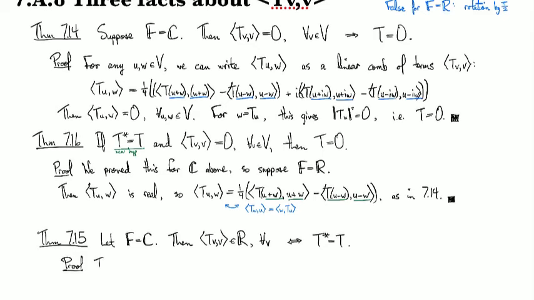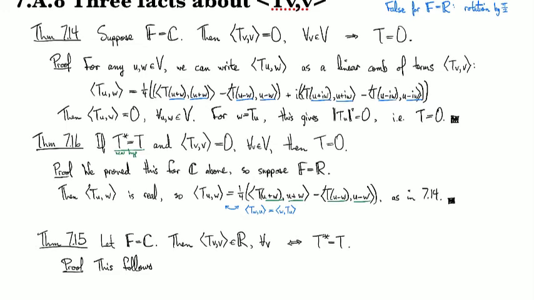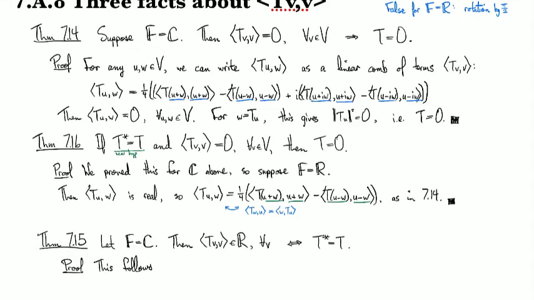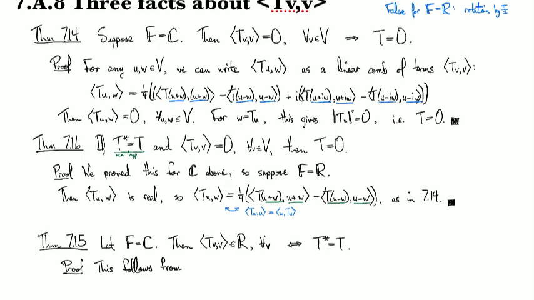Okay, well, we showed that eigenvalues were real by showing that lambda minus conjugate lambda is equal to 0. So now we're going to see what happens when T minus T star is 0. That's the way the argument proceeds.